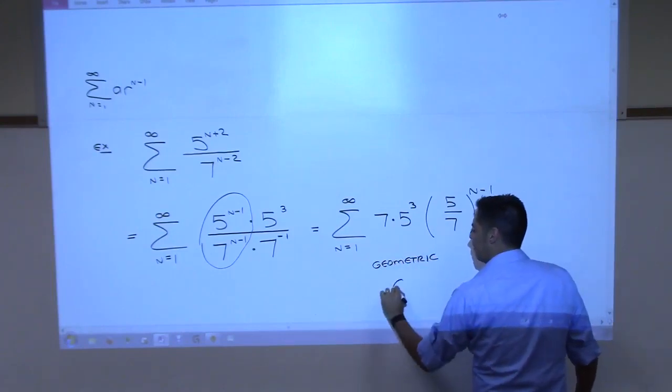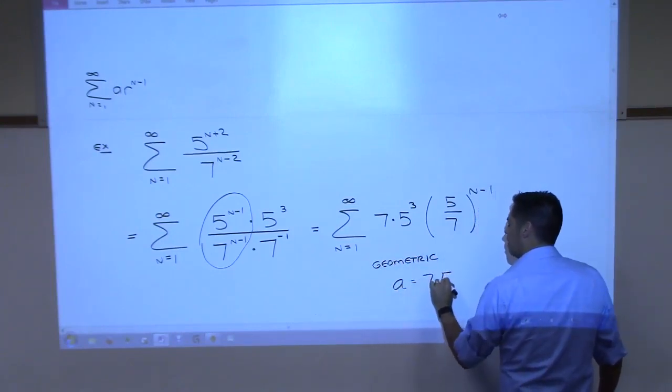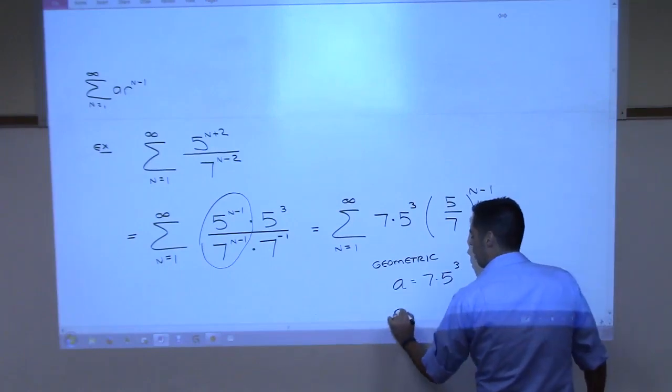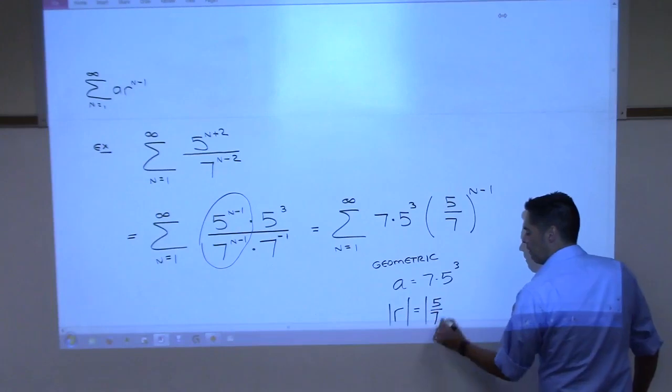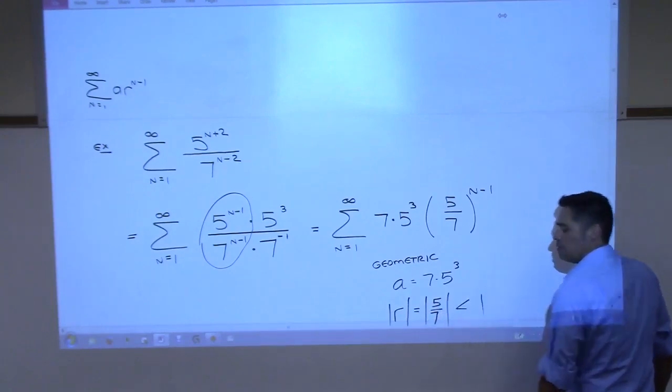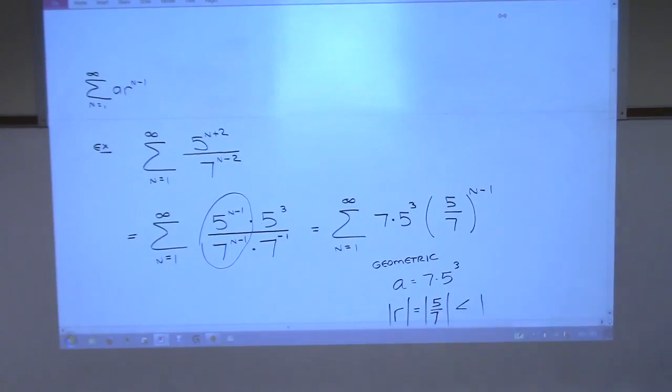What's a? 7 times 5 cubed. What's r? 5 sevenths. What's the absolute value of r? Well, less than 1. 5 sevenths is less than 1. This is going to converge.